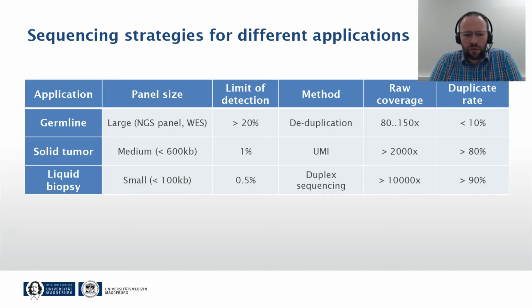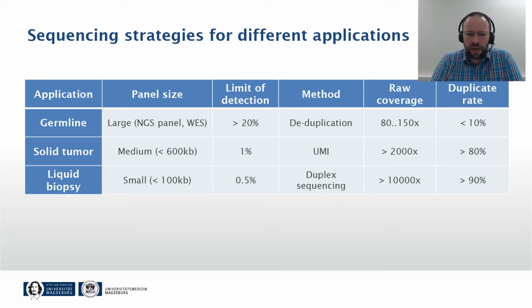But if we look for a solid tumor or somatic variants, the limit of detection will drop to 5 or 1%. Therefore, we need a different approach, so-called UMI technology, the unique molecular identifiers, and the raw coverage will increase dramatically. In the next slide, I will show you why this is the case.